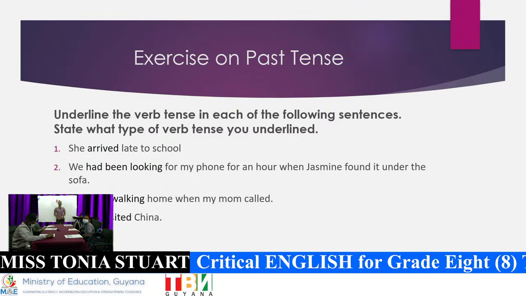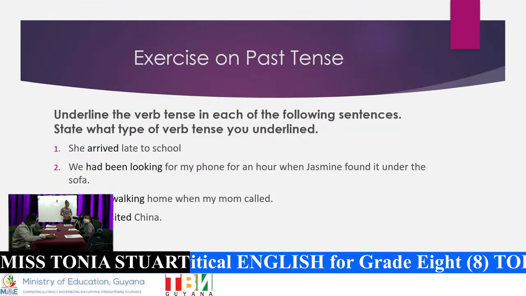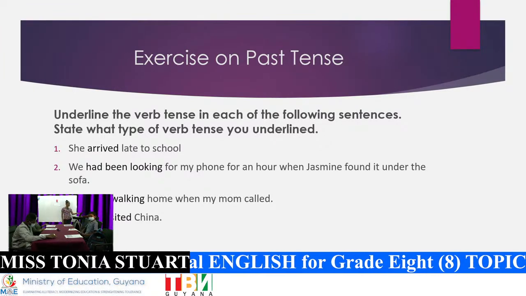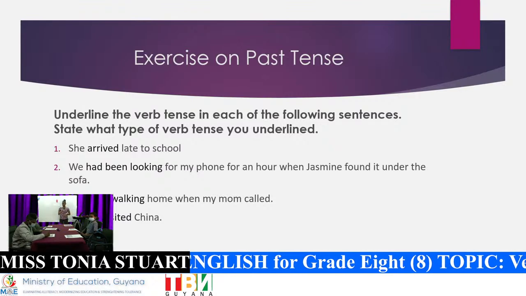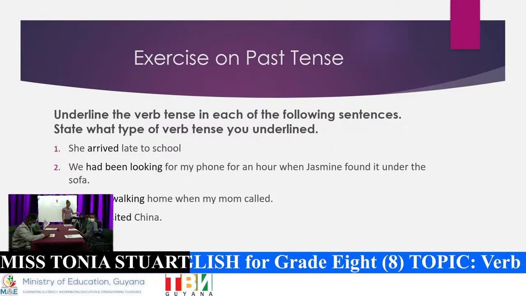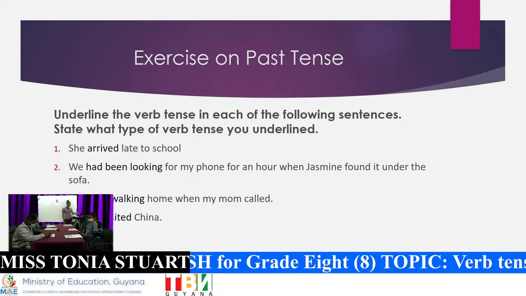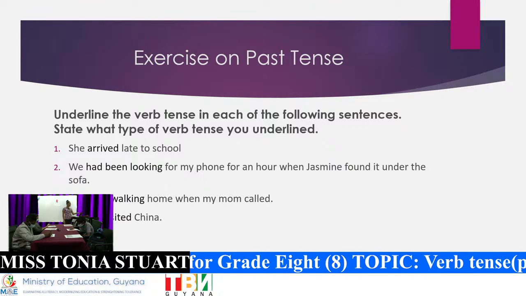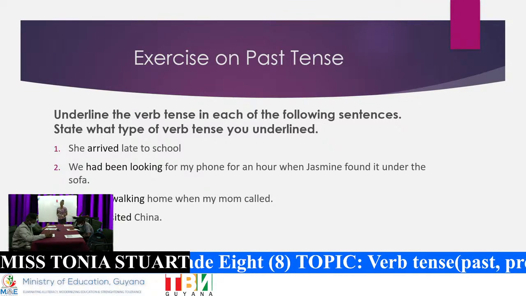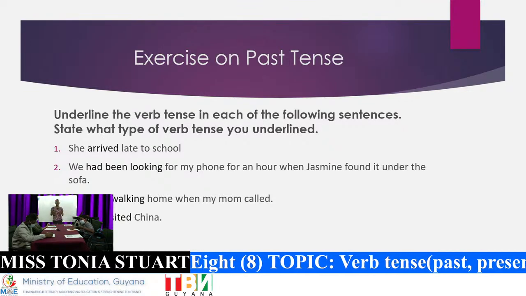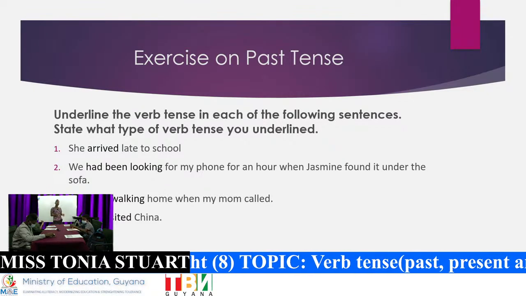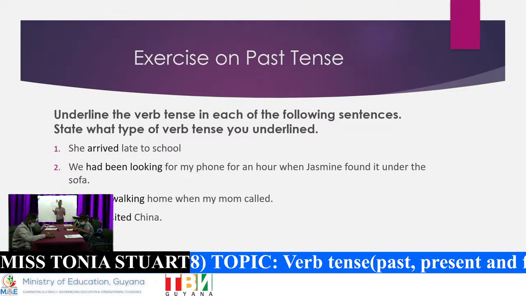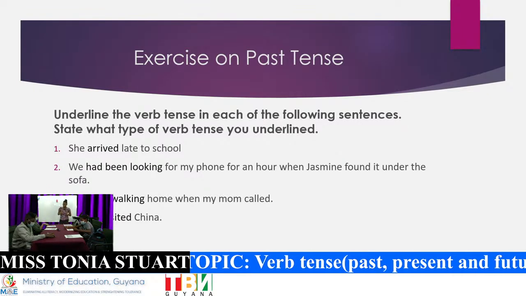So I have an exercise here. The exercise is to do what? Underline the verb tense in each of the following sentences. They're in your worksheet. And then state what type of verb tense you underlined. So you're underlining the verb tense, and then you're going to state whether the verb tense is what? What are the four verb tenses we looked at?